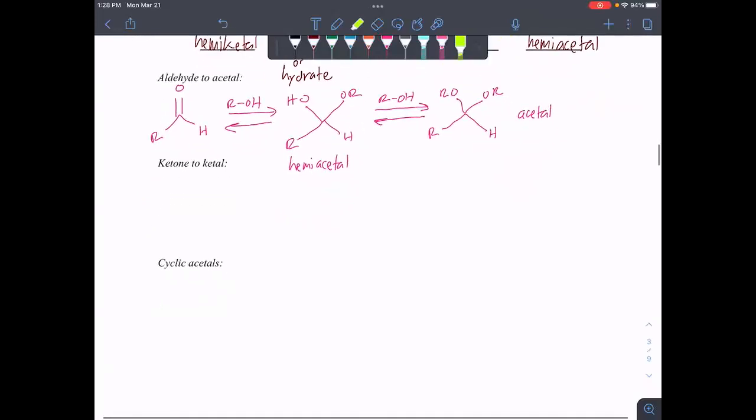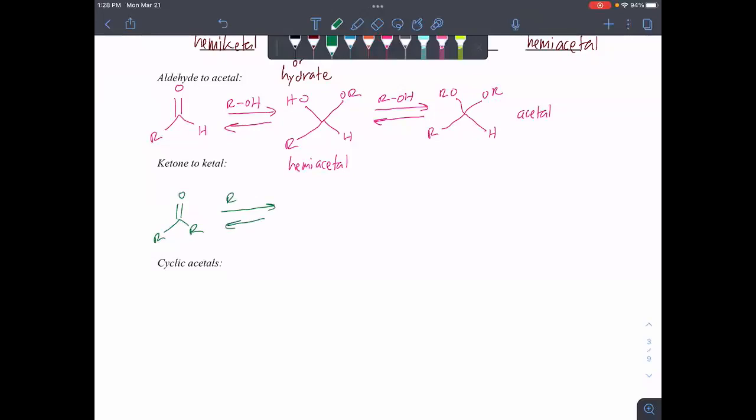Okay, and then to go from a ketone to a ketal, it's the exact same thing, except the bottom is not RH, it's RR. Exactly the same. Start with the ketone, give it an alcohol, and then you get a hemiketal.